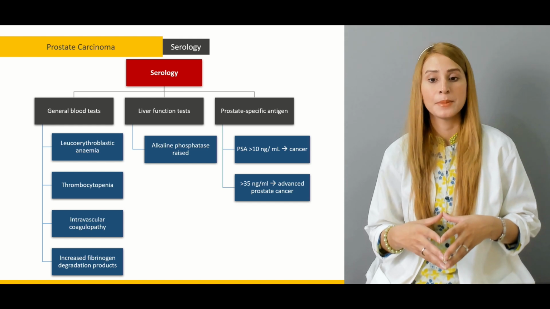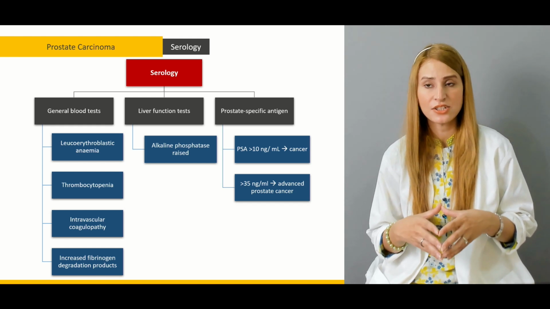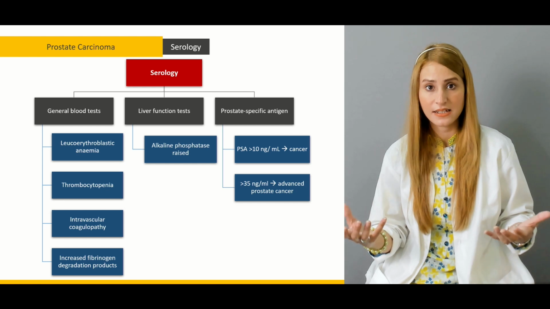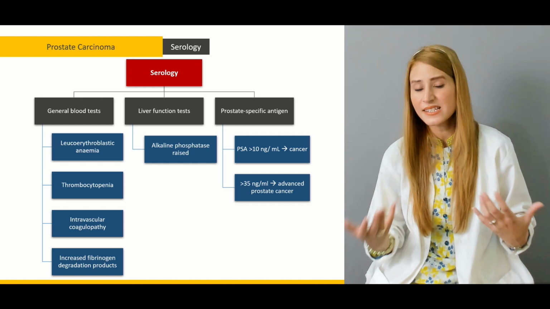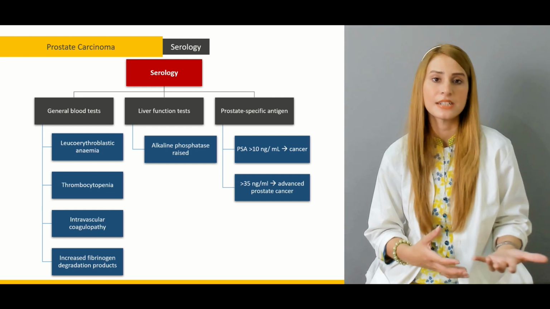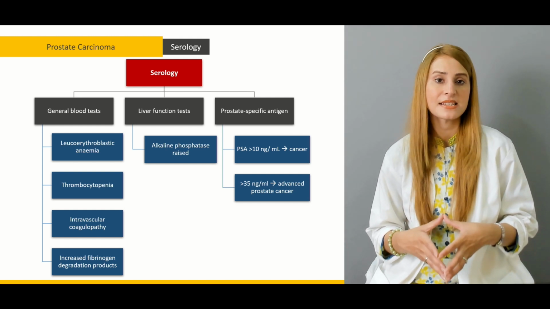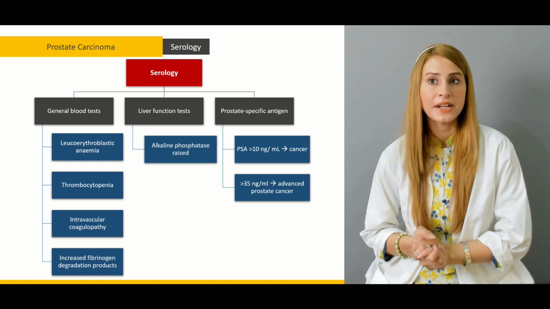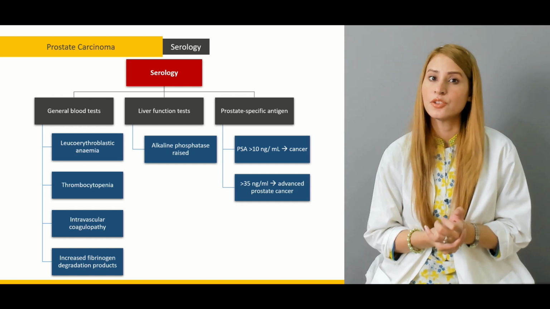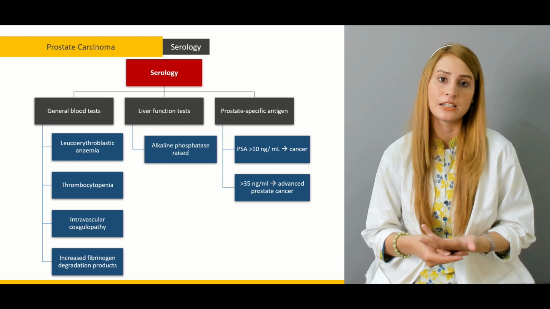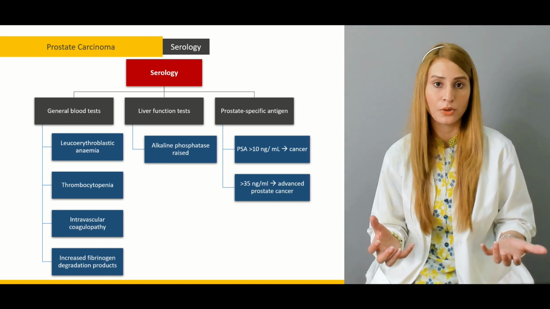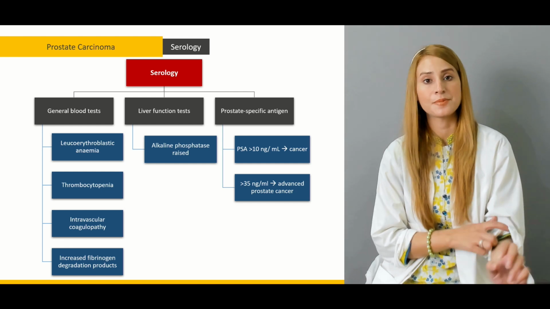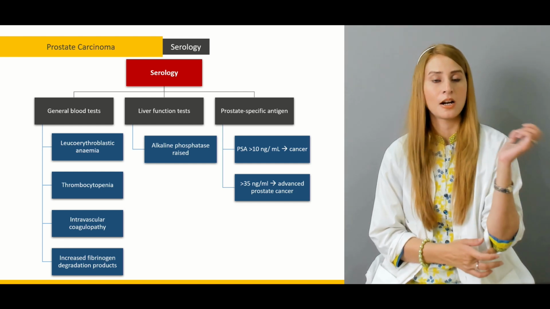And this prostate specific antigen is less sensitive and less specific. There are other conditions as well in which the PSA is raised, and in case of the early tumors, PSA is not a very good prognostic index, because in case of local or early stage prostate cancers, PSA can be within the normal limit.